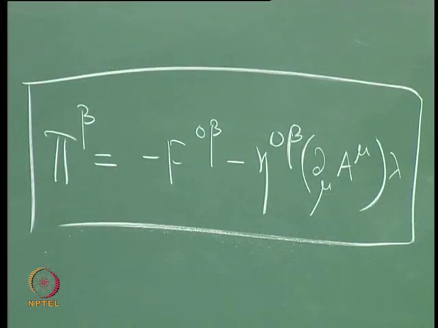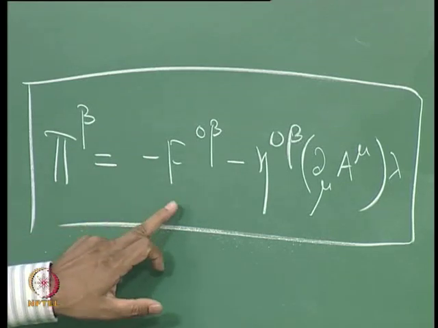All right. So, this is the conjugate momentum to the field A beta.